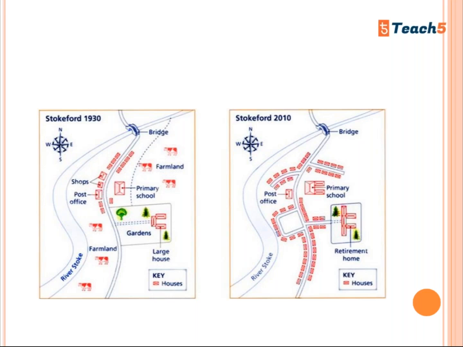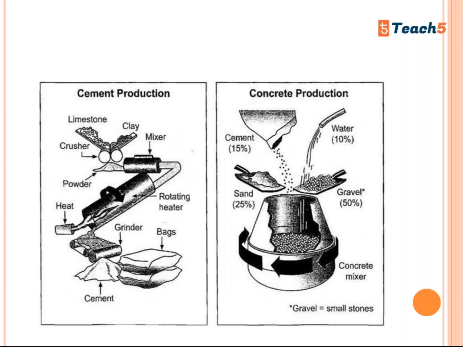This is a map. Next one is a process diagram: how cement and concrete are produced. Whenever you explain a process diagram, first and foremost you should not just explain whatever you see on the screen or in the question paper. The first thing is, what is the process?